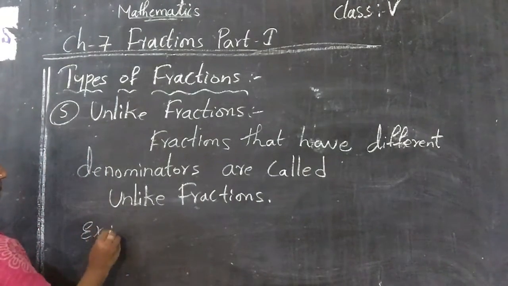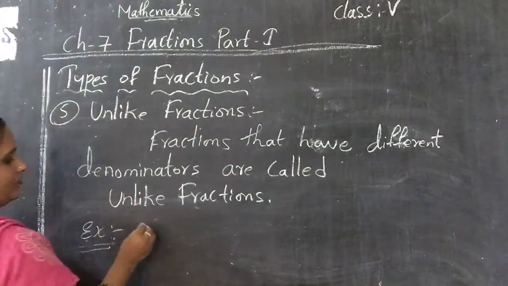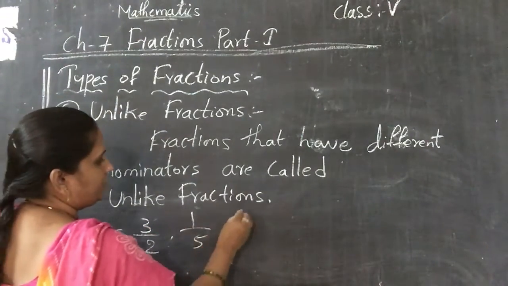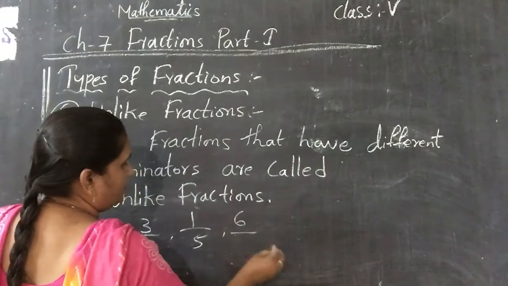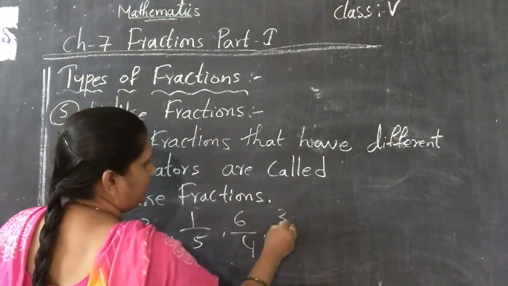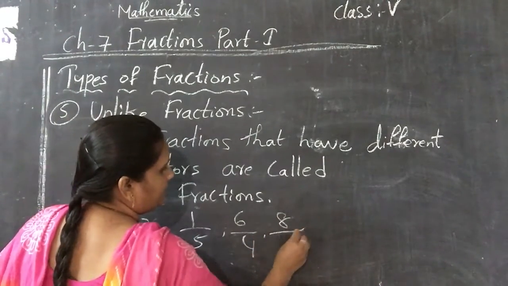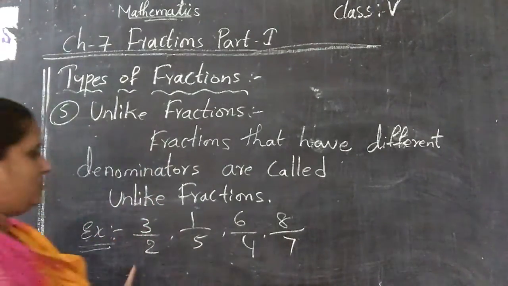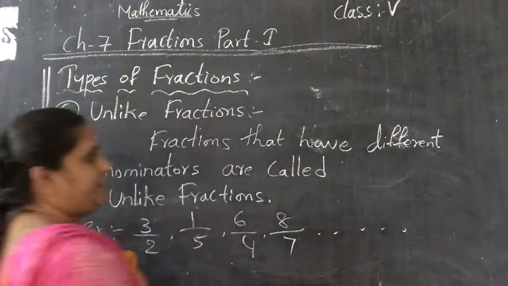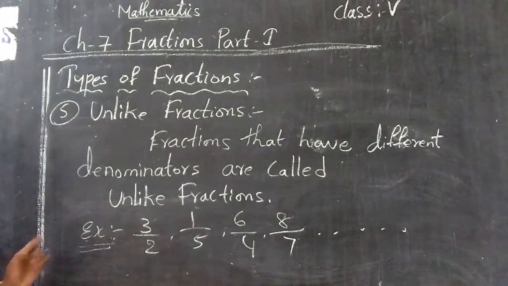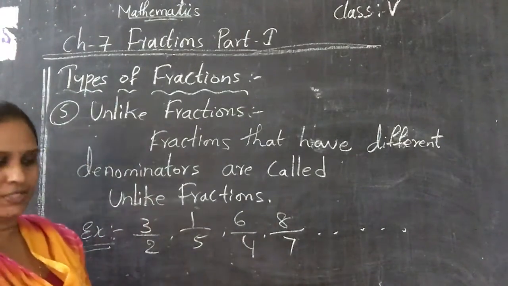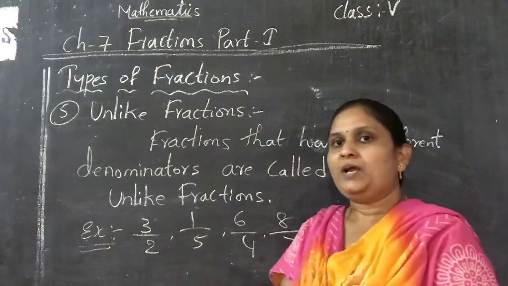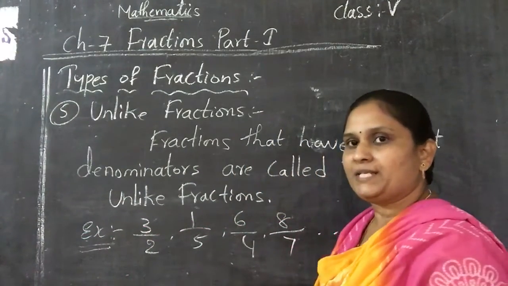Example, 3 by 2, 1 by 5, 6 by 4, 8 by 7, like that. The denominators are different, so this will be known as unlike fractions. In like fractions the denominators are the same, and in unlike fractions the denominators are different.